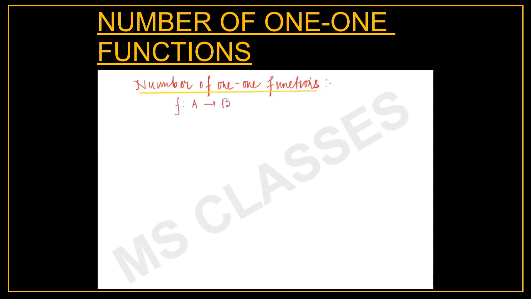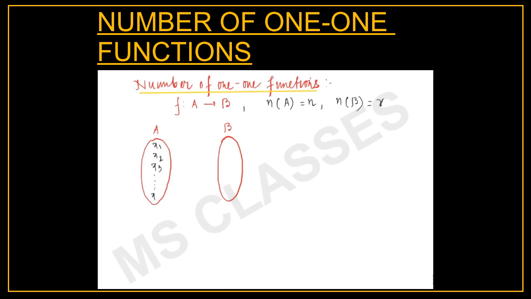Now, as you know, what is an injective function? Here we take a set A, and here we take set B, from set A to set B. Here we have assumed that the cardinal number of set A is N, and the cardinal number of set B is R. Now this is x1, x2, x3, xn, and this is y1, y2, y3, yn.